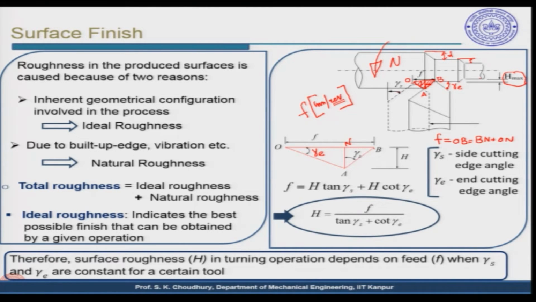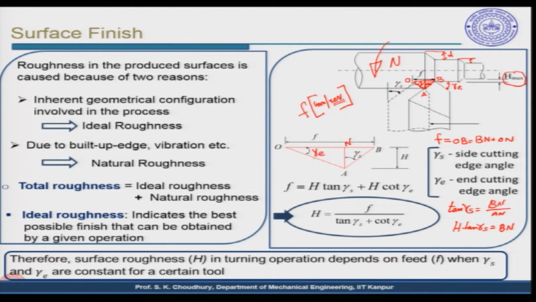Now, tan of gamma S will be equal to BN divided by AN. Therefore, AN, which is h, times tan gamma S is equal to BN.